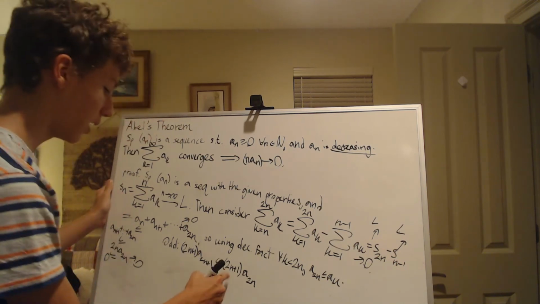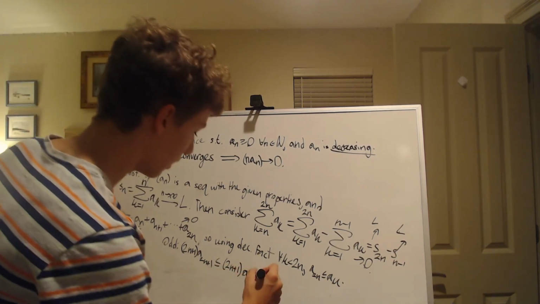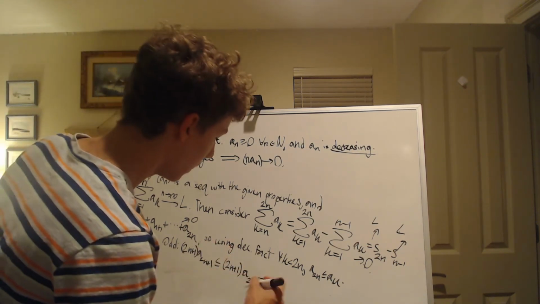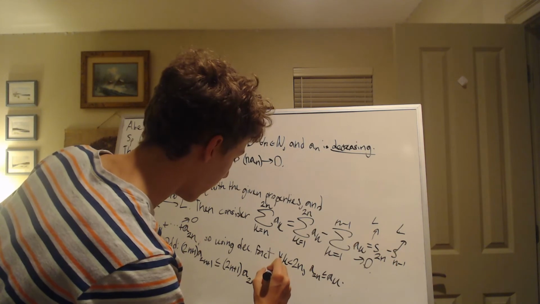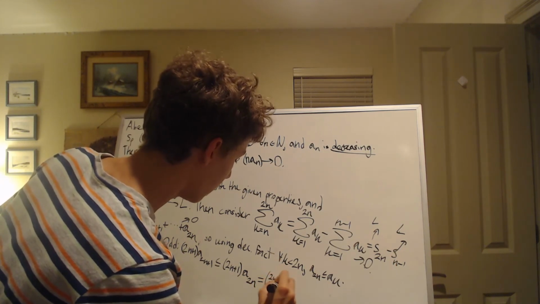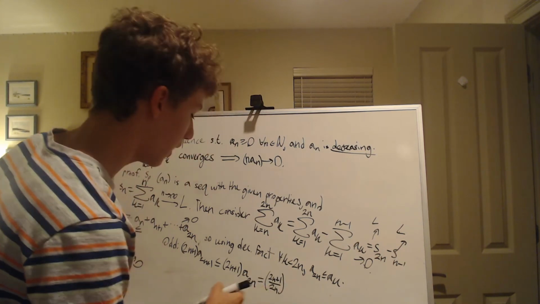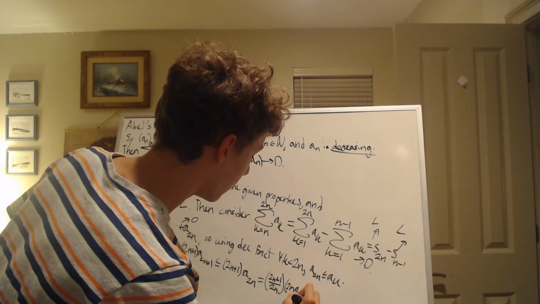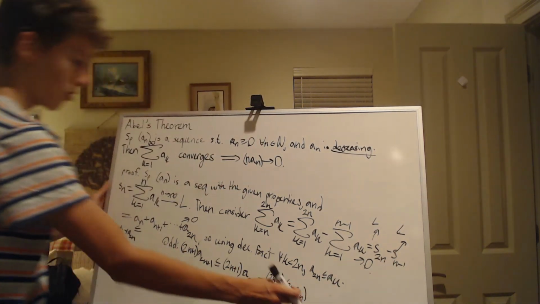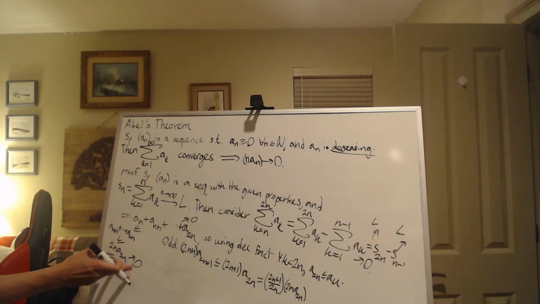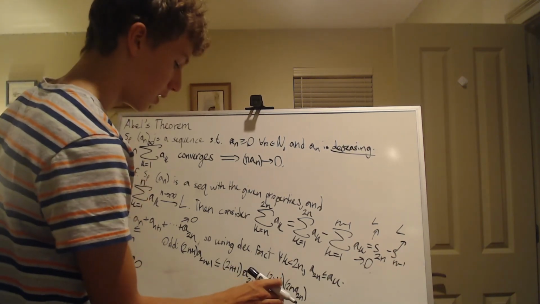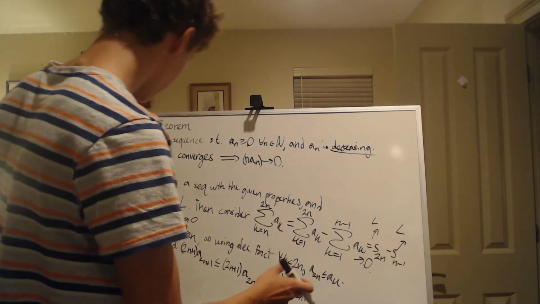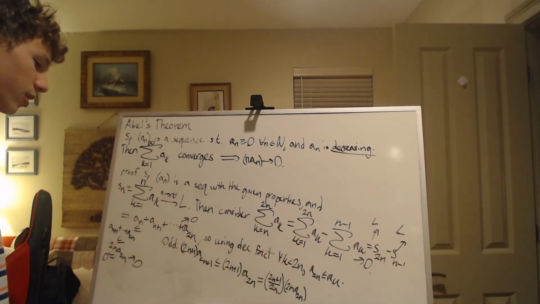But maybe just using some algebra, we can multiply and divide by 2n. So we have 2n plus 1 over 2n times this 2n times a sub 2n. The reason we're doing that is look how nice this is. We have a 2n times a sub 2n, and what do you know? This tends to 0. In other words, we have something that remains constant multiplying something that tends to 0.